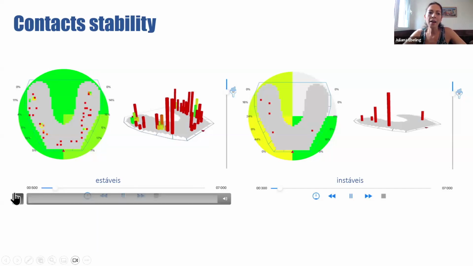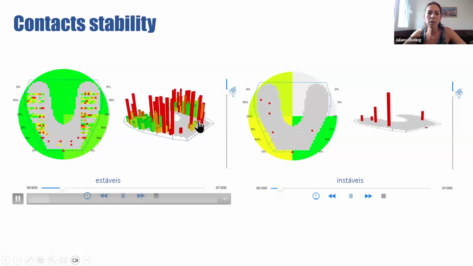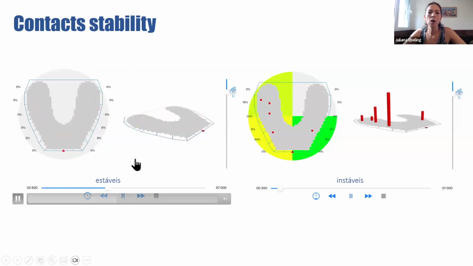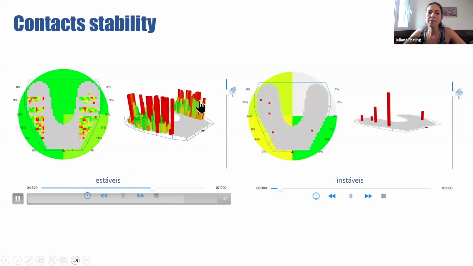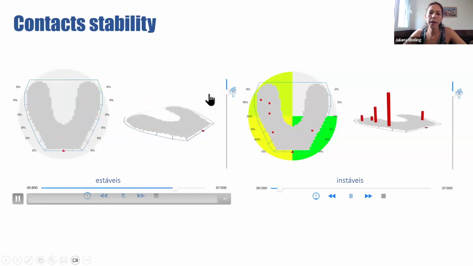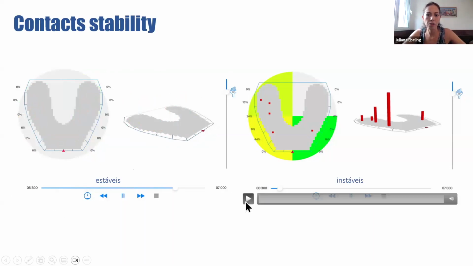And when I have these situations, for example, this is a stable contact. The patient closes, opens, and closes again, and opens, and I have a very similar pattern of distribution. This is a stable occlusion.